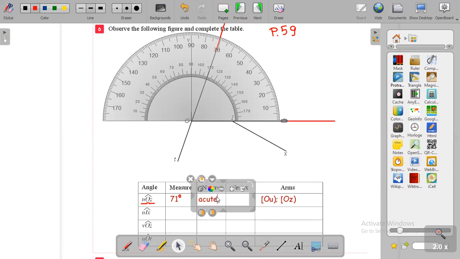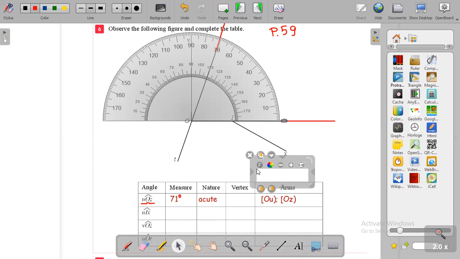Now what is the vertex? The vertex is the point in the middle. It is O. The vertex is O. And we write it capital because it is a point. The vertex is a point, so it is a capital letter.